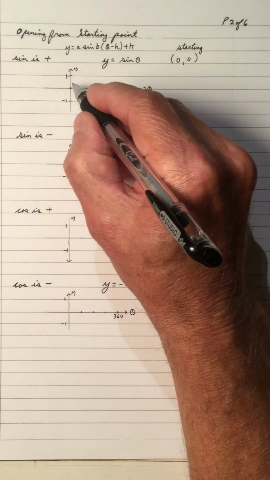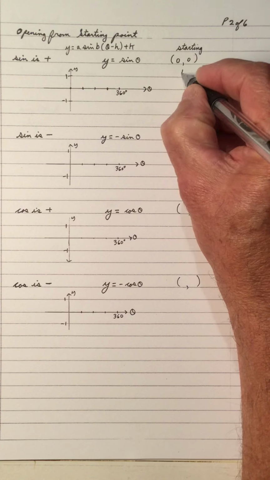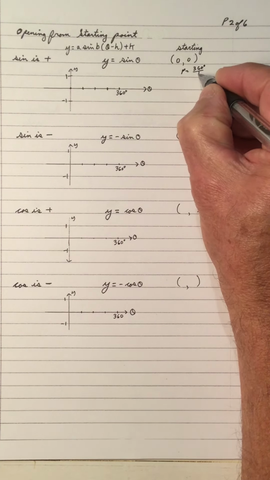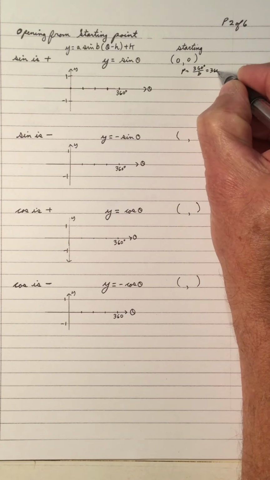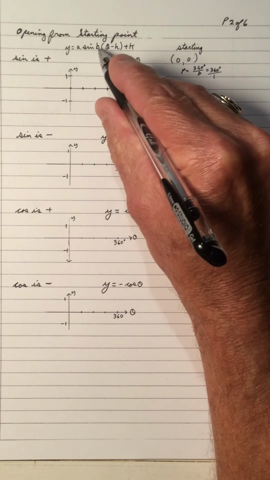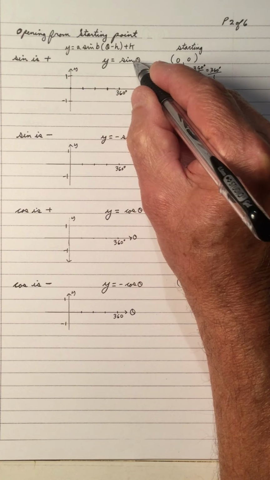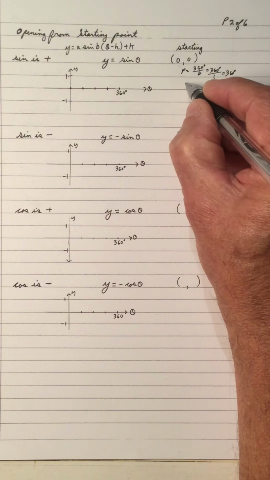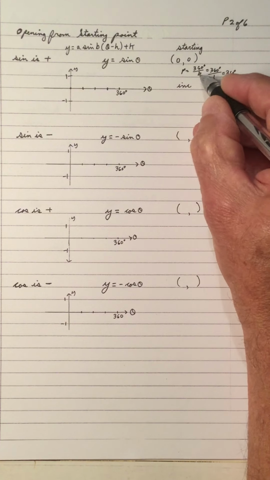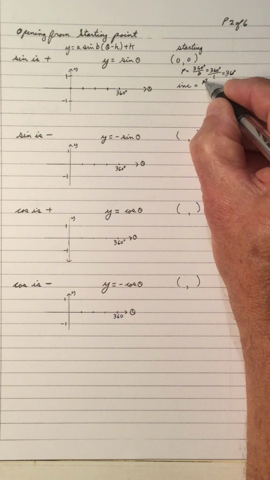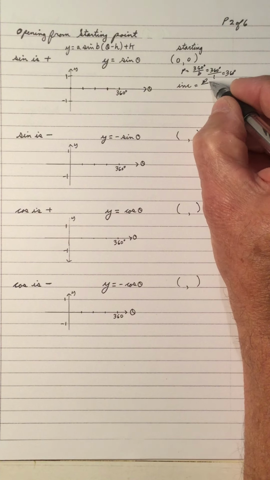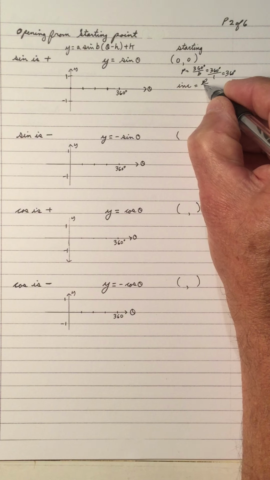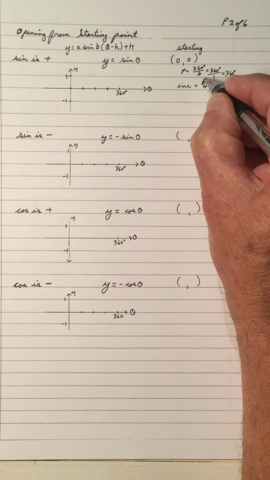The period is 360 divided by b. Since b is 1, the period is 360. The increment changes, which I'm going to call INC, is P divided by 4, because it's in 4 parts.